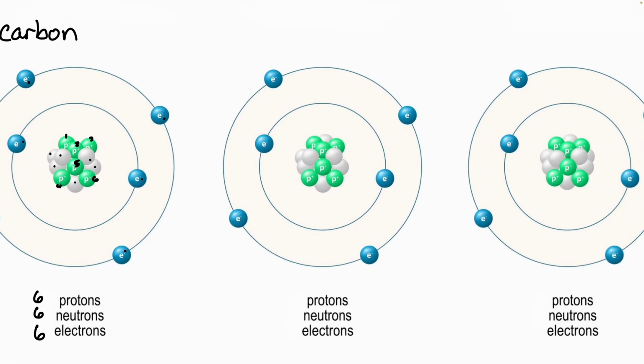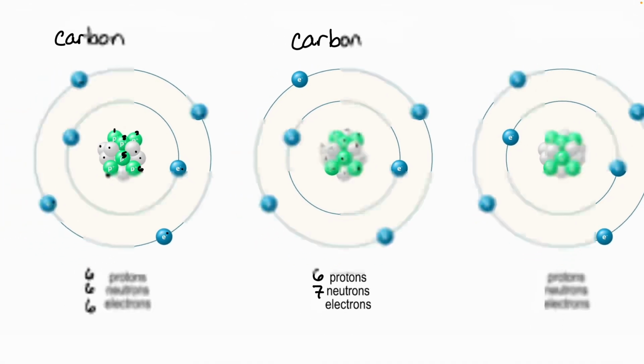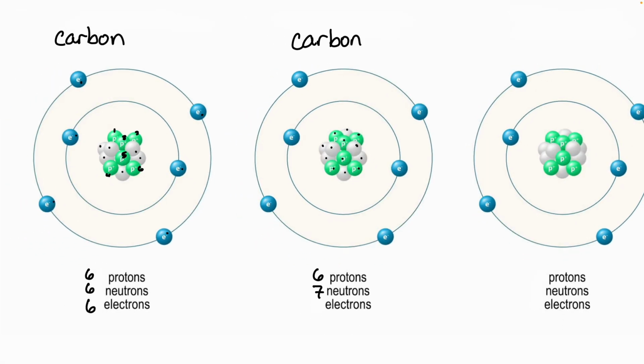Let's move on to the next one. Again, we have 1, 2, 3, 4, 5, 6 protons. So again, I'm talking about carbon. But now if I count the number of neutrons in the nucleus of this atom, I have 1, 2, 3, 4, 5, 6, 7 neutrons. Both of these atoms are carbon atoms. It has to be because they have the same number of protons.